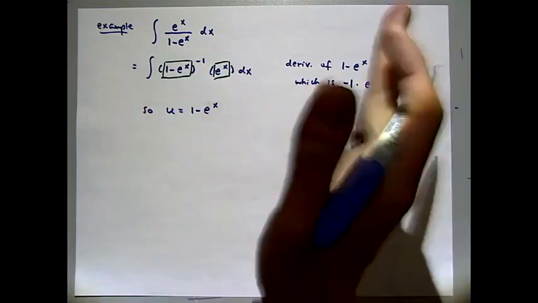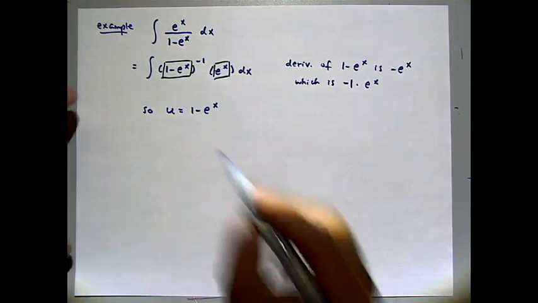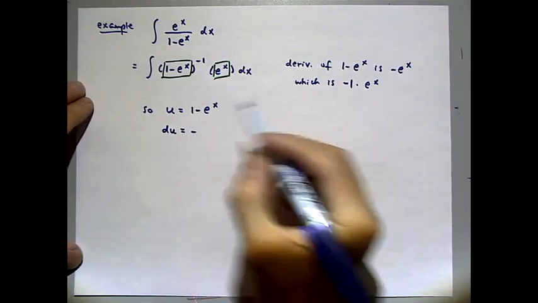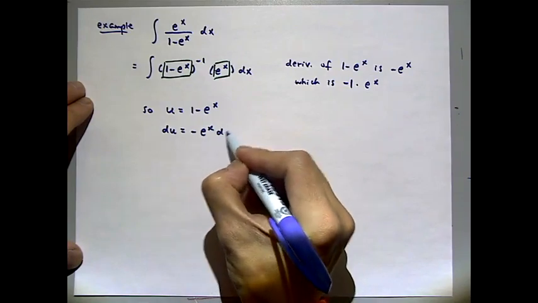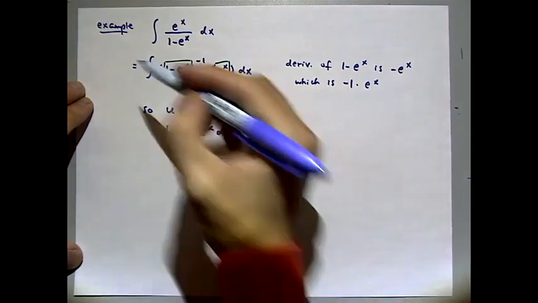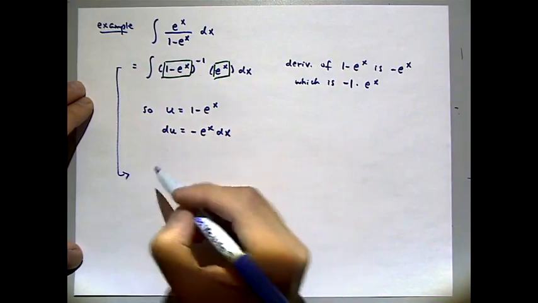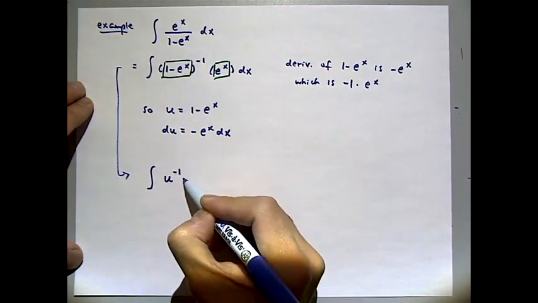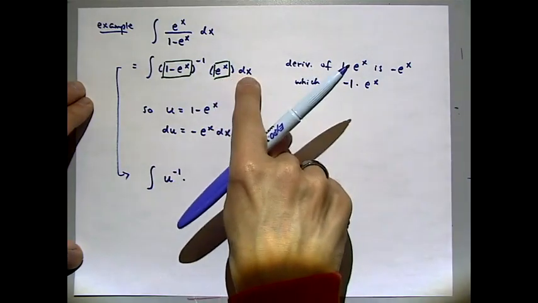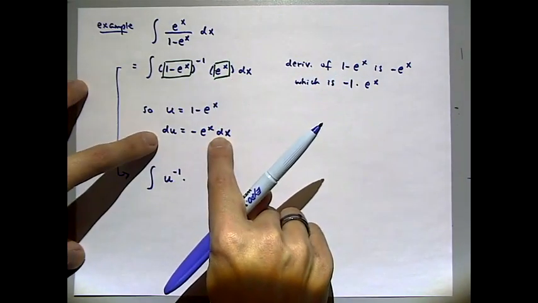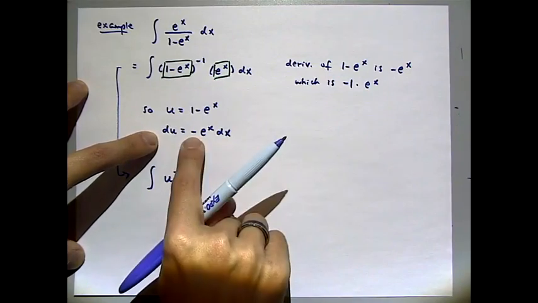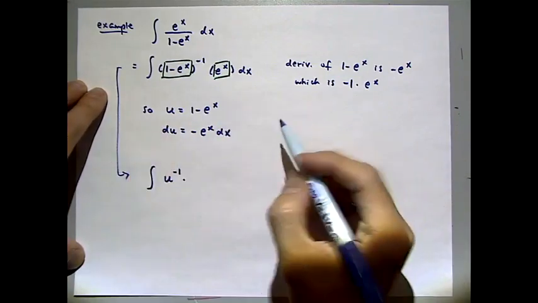But anyway, either way you look at it, now we know what u has to be. Then everything else is a consequence of that. So we just go through that. E to the x dx is du, and minus e to the x dx is du. I don't have a minus, so I'll just multiply it to the other side.